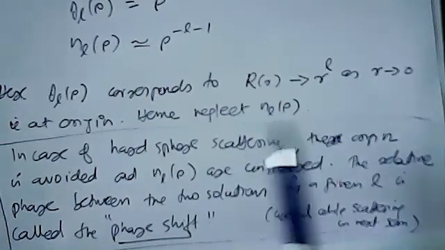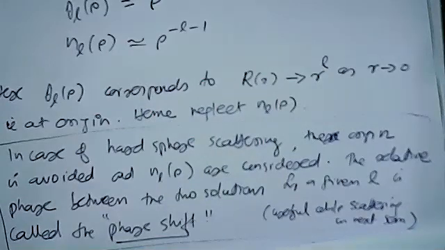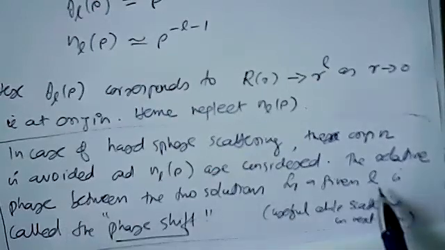If you are concentrating at the center, there is no need of the spherical Neumann function. Only the Bessel function will do. In the case of a hard sphere, you have to consider both J_L and N_L. The phase difference between the two solutions is known as phase shift, which will also come in the next semester during scattering.